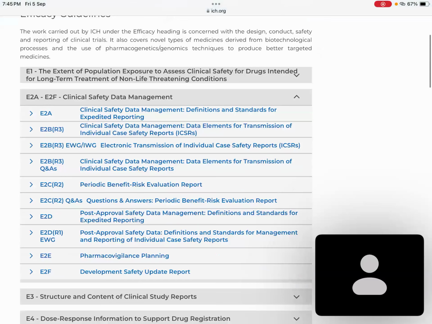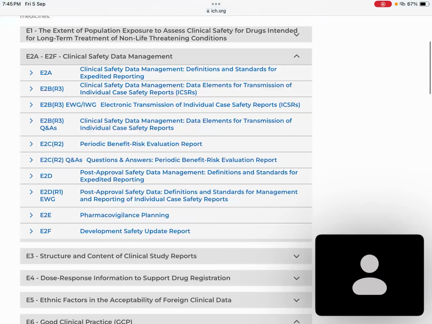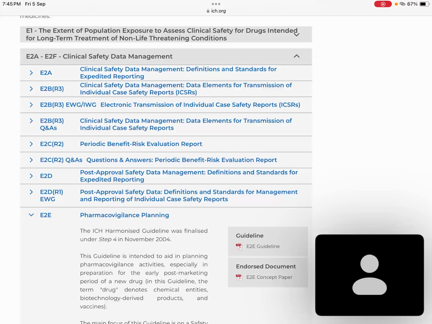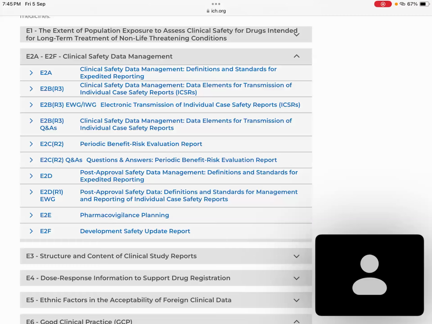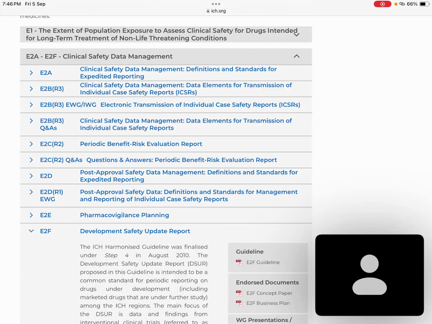I have shown you pharmacovigilance planning. Here is the guideline. Suppose you are working in a pharma company, you will come here, download this and use it. You will get the development safety update report and everything here. So download these and just go through these guidelines.